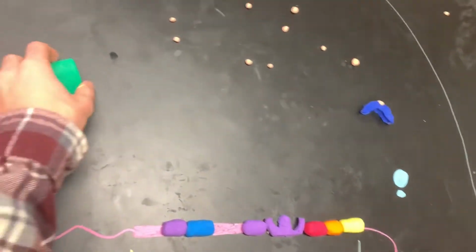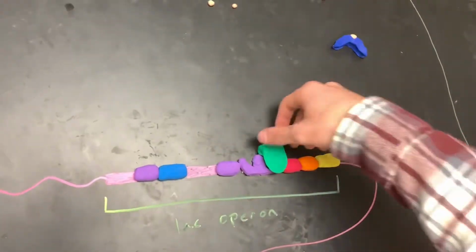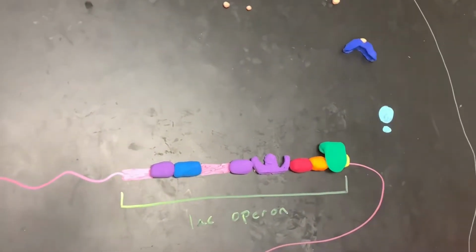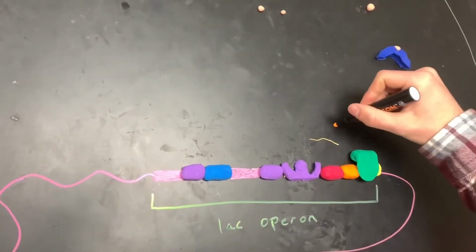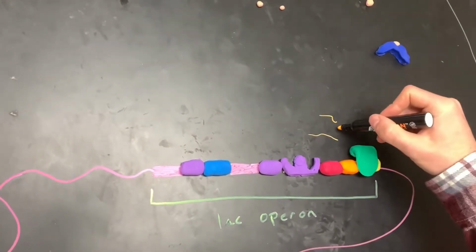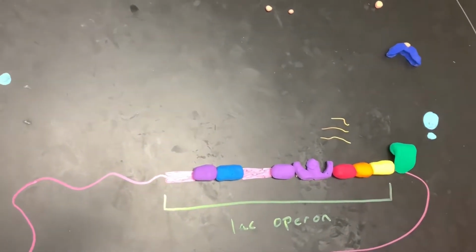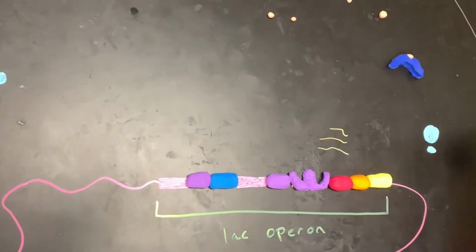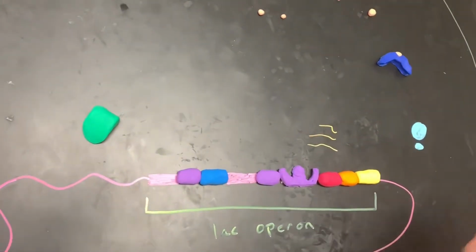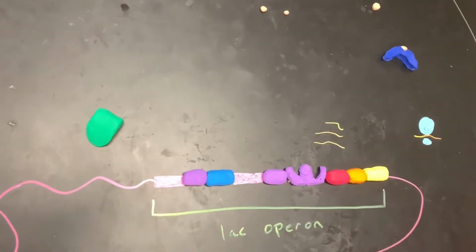Okay, so then polymerase can come in and it can start scanning molecules and making mRNA strands from these genes. And then those will enter ribosomes, right? And the ribosomes will start making our different proteins.